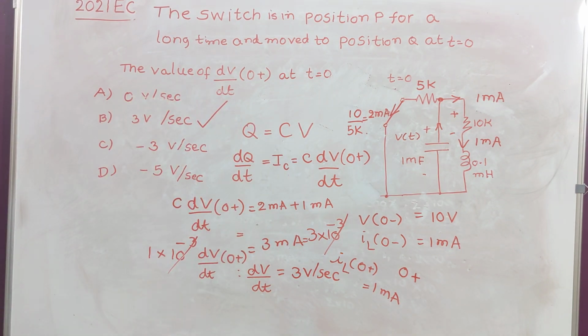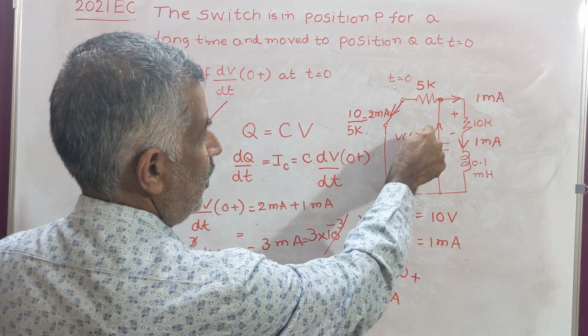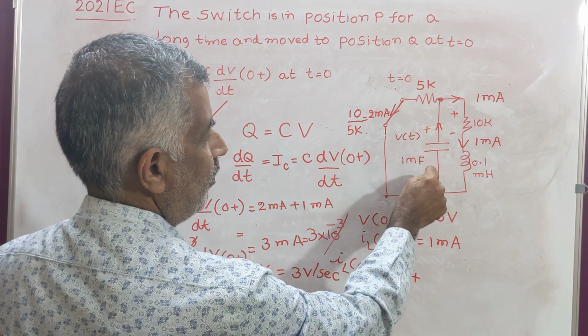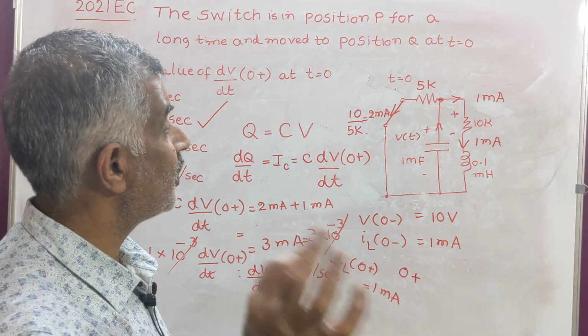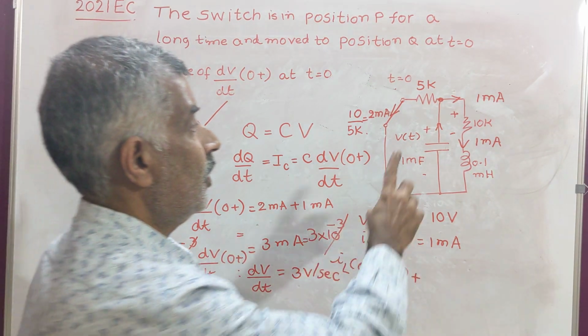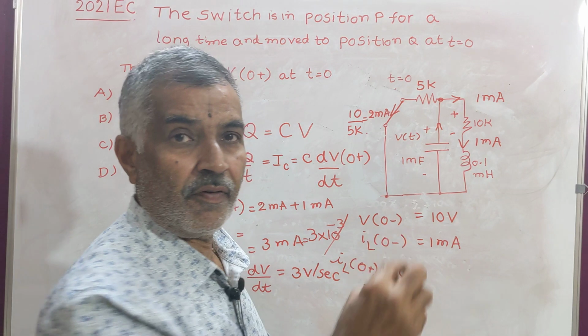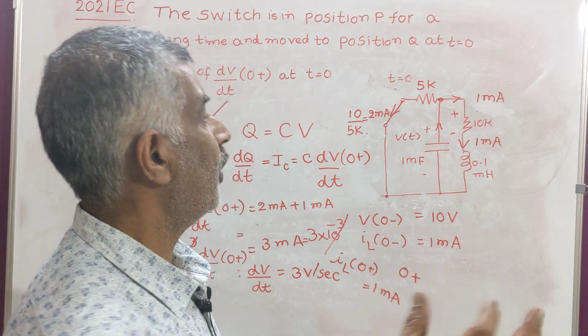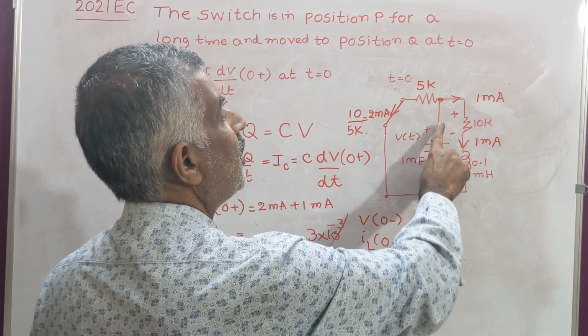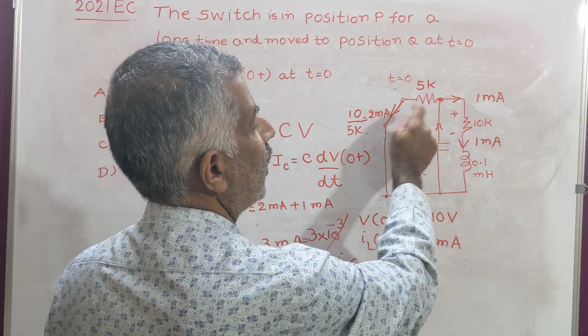Because the capacitor voltage is marked here with this plus minus, this is incoming current. So concepts are to be very much clear. For a charged capacitor, current always flows from the positive plate to the negative plate. Therefore, this is incoming current. These two are outgoing currents.